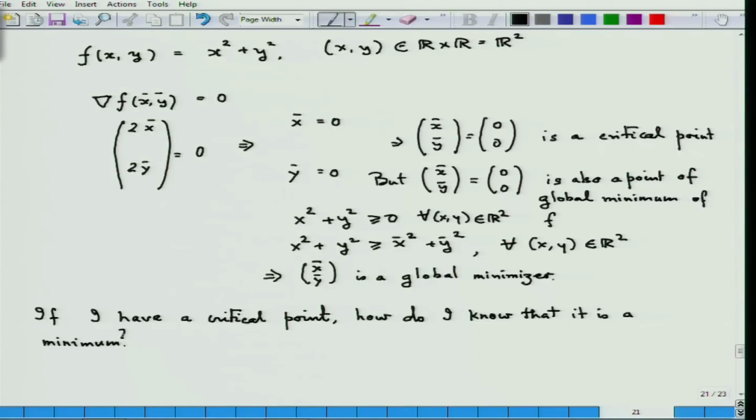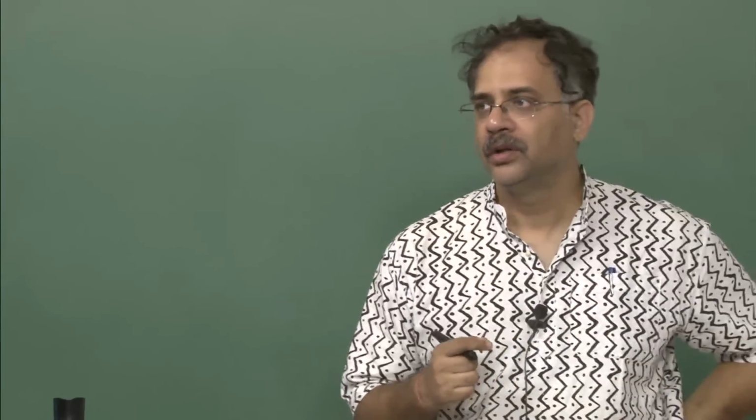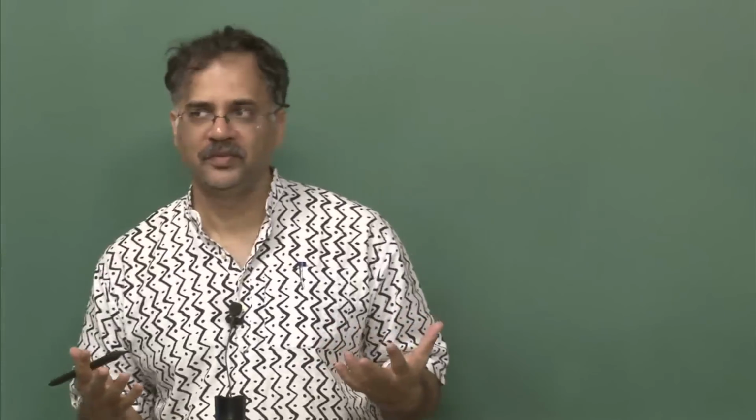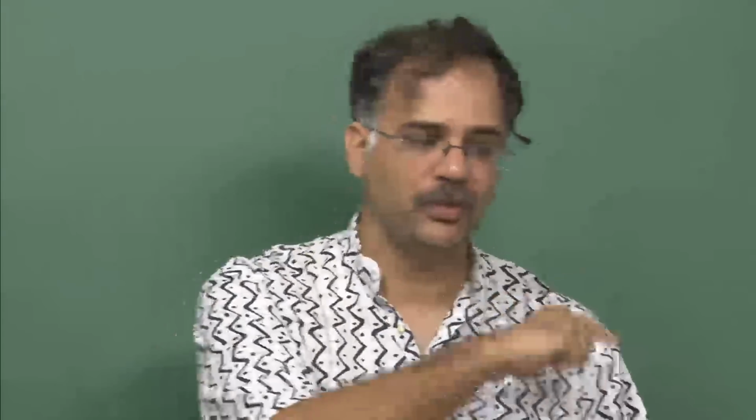To answer this question, we have to additionally assume certain conditions on the function f. So, what are those conditions? Just knowing that f is differentiable or even continuously differentiable does not help me at all, it does not tell me anything, because that is where we get stuck. But now if I put some more additional conditions on the function, can I devise a condition which if satisfied by a critical point would guarantee that such a point is a local minimum.